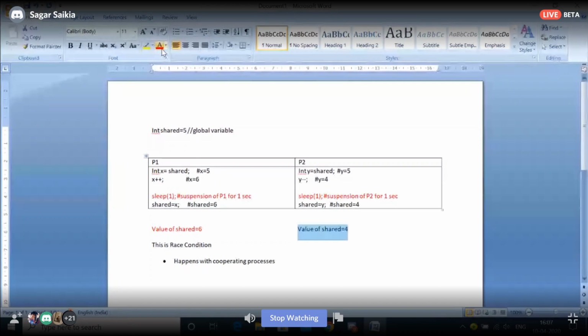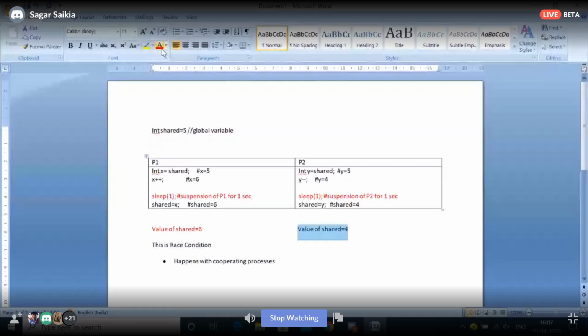Okay. Now, what is the problem here? When I compare these results, first of all, this value 4, is it correct? No. Why?